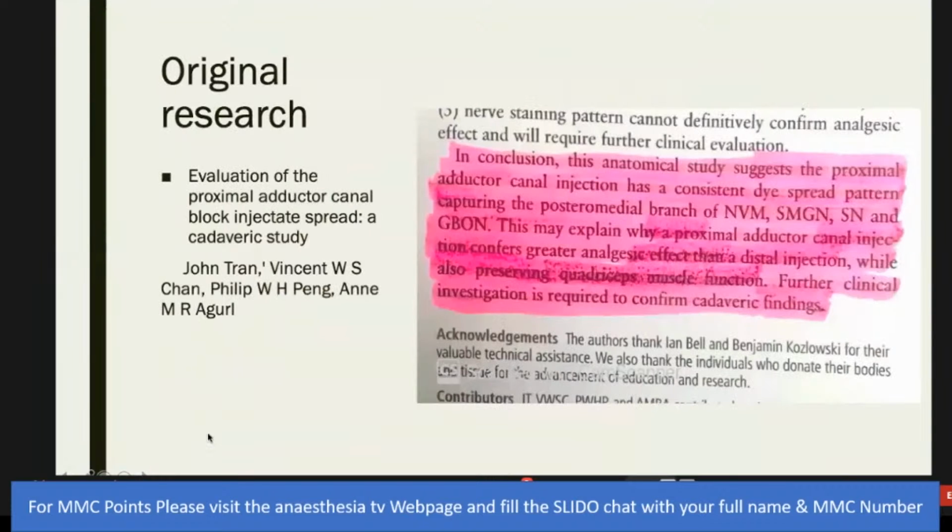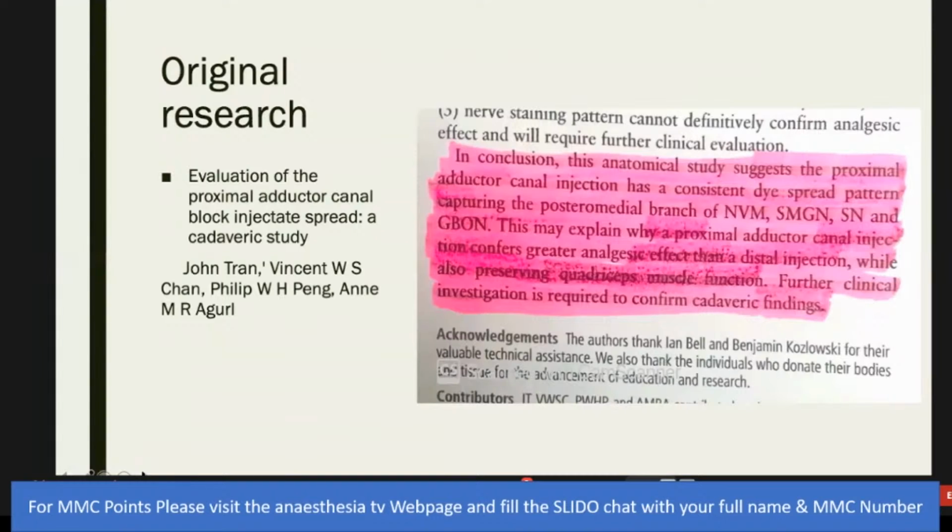This is the original research, a cadaveric study for the evaluation of the proximal adductor canal block. The objective of this cadaveric study was to evaluate dye-injectate spread and quantify the capturing rates of nerves supplying the articular branches to the knee joint capsule using a proximal adductor canal injection technique.